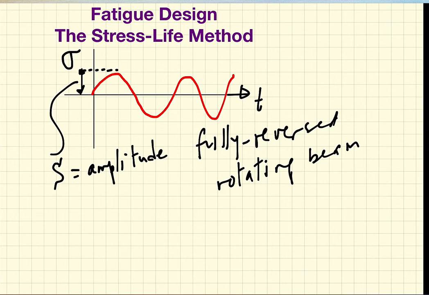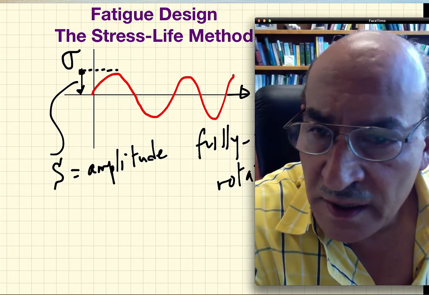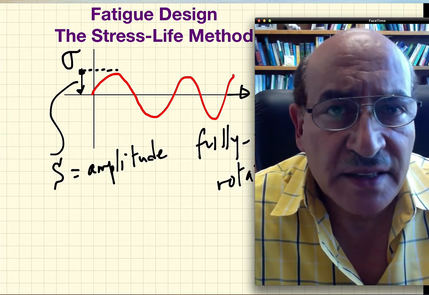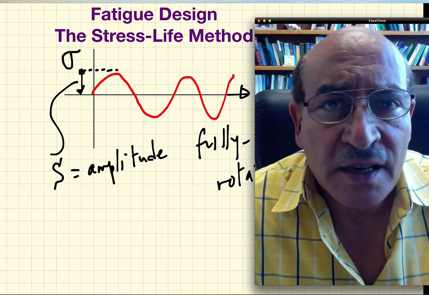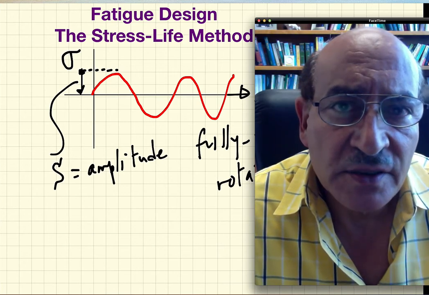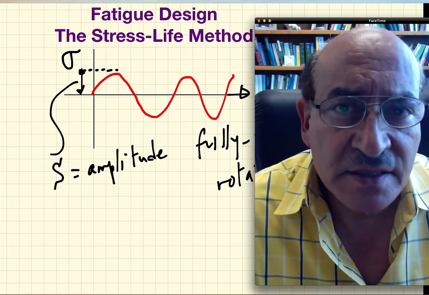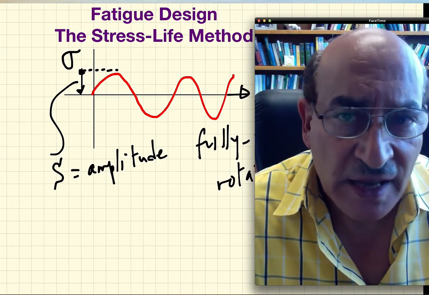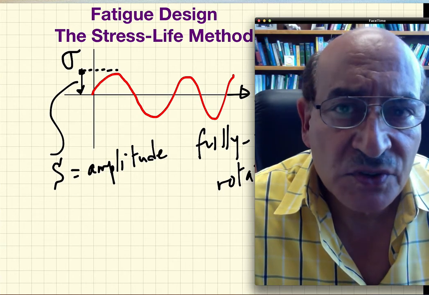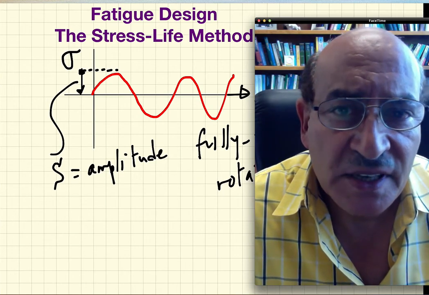Now, if we just keep applying S, then we would get a particular number of cycles to failure. At this point the applied S produces a certain number of cycles to failure. So at this instant, I'm going to call it S sub F, which is the stress amplitude that leads to a particular number of cycles to failure.